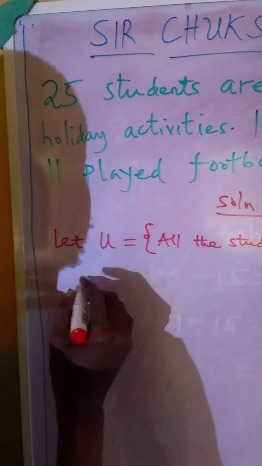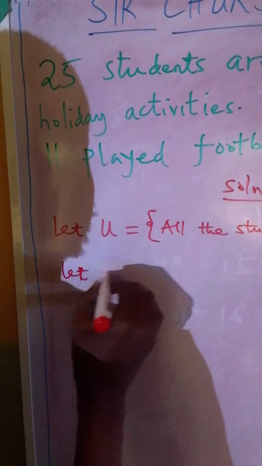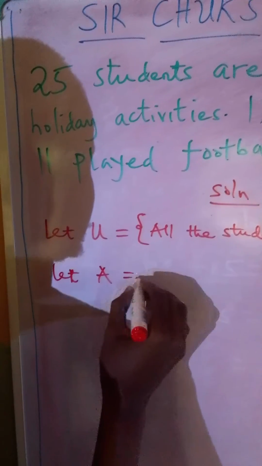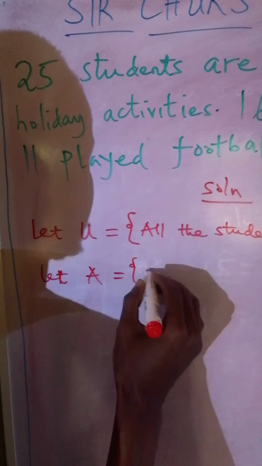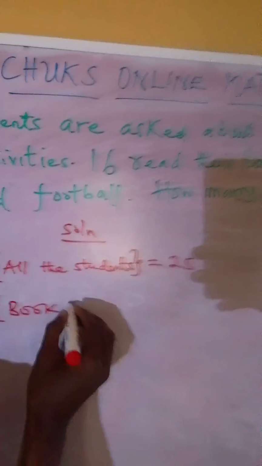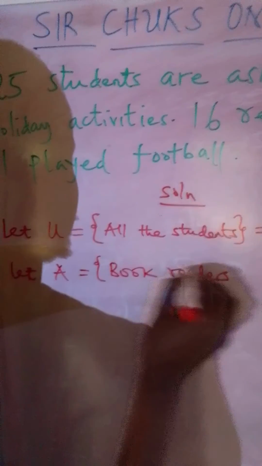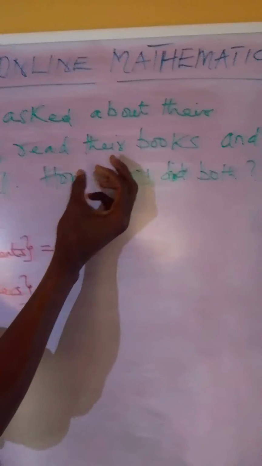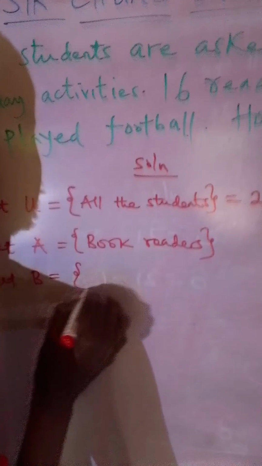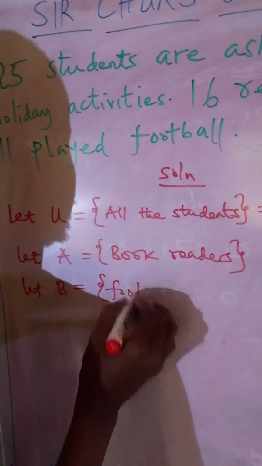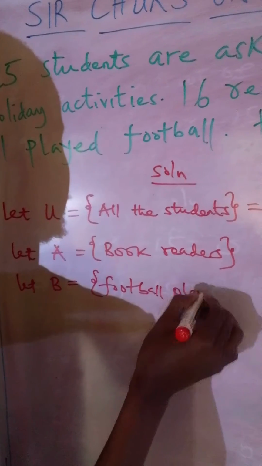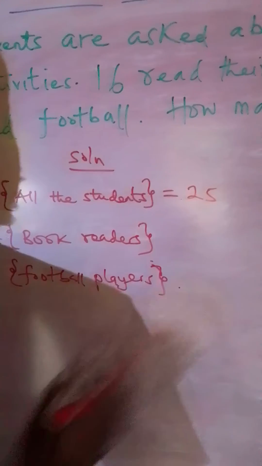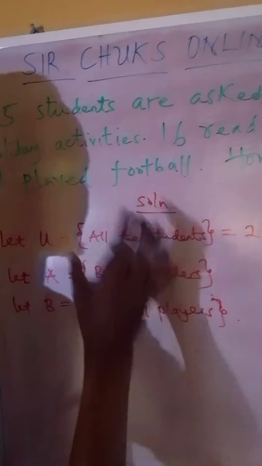Then let A be equal to book readers, because we are meant to know that some students read their books. Let B be equal to football players. So we are meant to know that some students read their books while some played football.